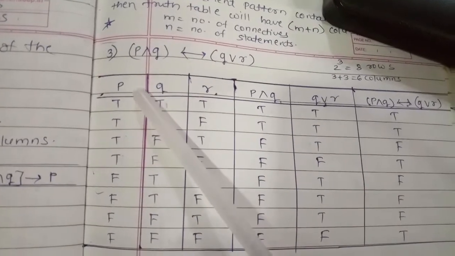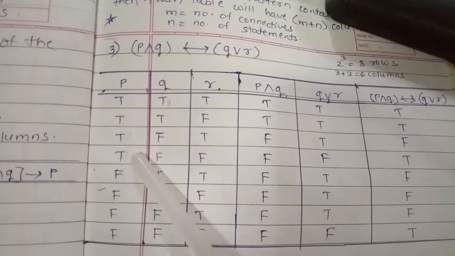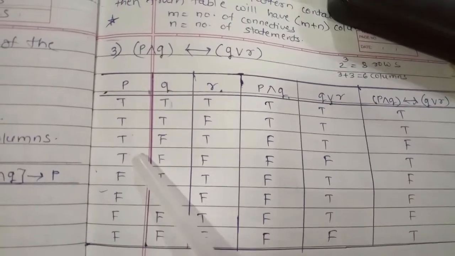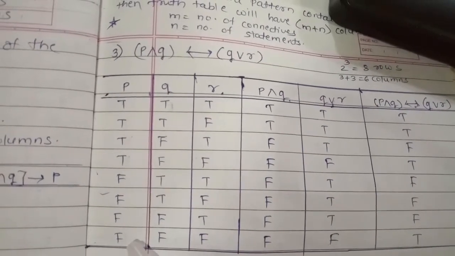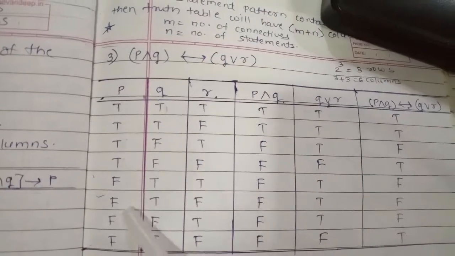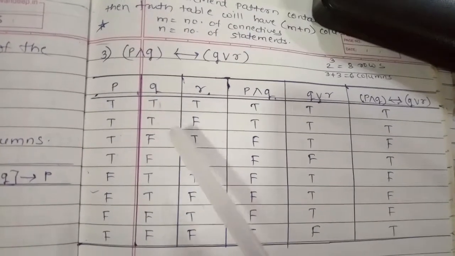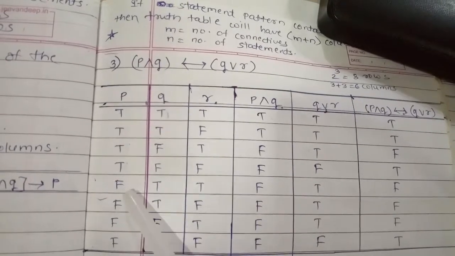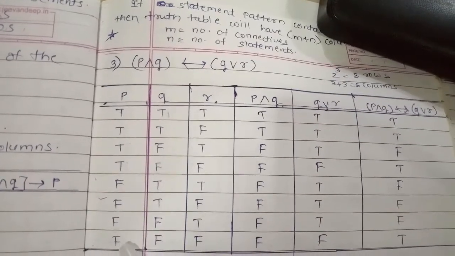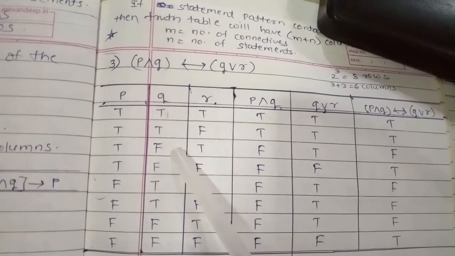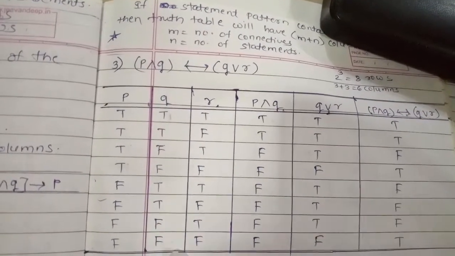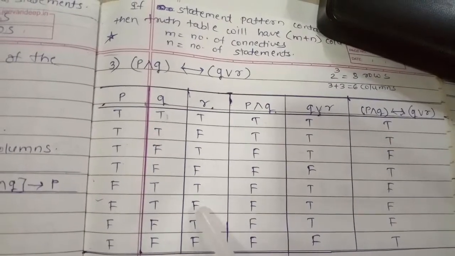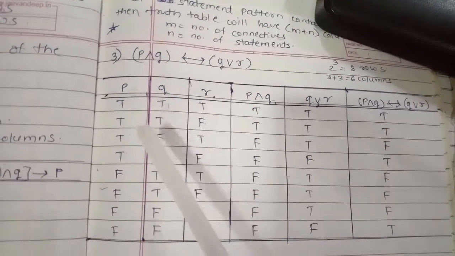Now see how to write down the P. You can observe and you can also easily find how to write it down. 4 times T and 4 times F. It is constant, it is the same for all examples. Remember this one. For P, the first 4 members are true and afterward 4 members are F. Then for Q, T T F F T T F F, and for R it is T F T F T F and T F. Yes, understand?